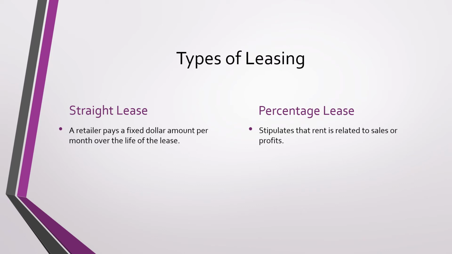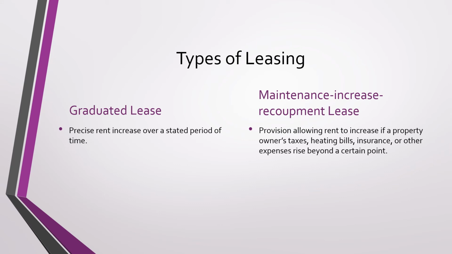The percentage lease is to protect the property owner against inflation and lets them benefit if the store is successful. Then you have your graduated lease, a precise rent increase over a stated period of time, with maintenance increase.